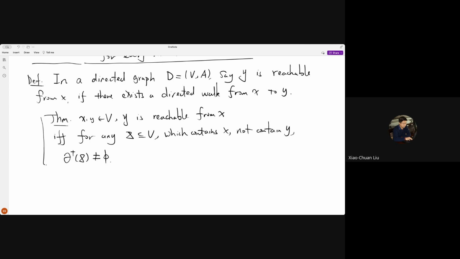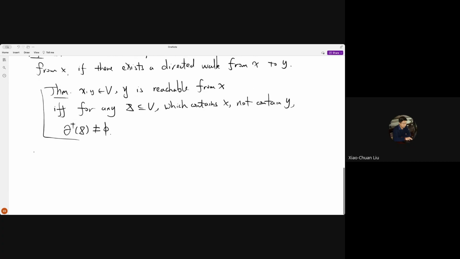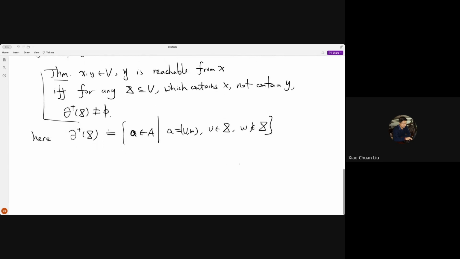So here is another notation. What is the outer boundary? The outer boundary of a subset X is just the set of arcs A = (V, W) such that V belongs to X and W does not belong to X. So it's kind of an outer boundary. It's something like this, X in a very non-rigorous picture.